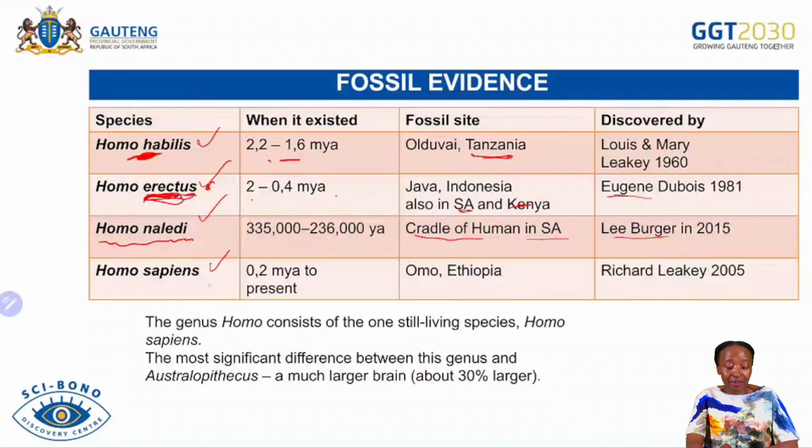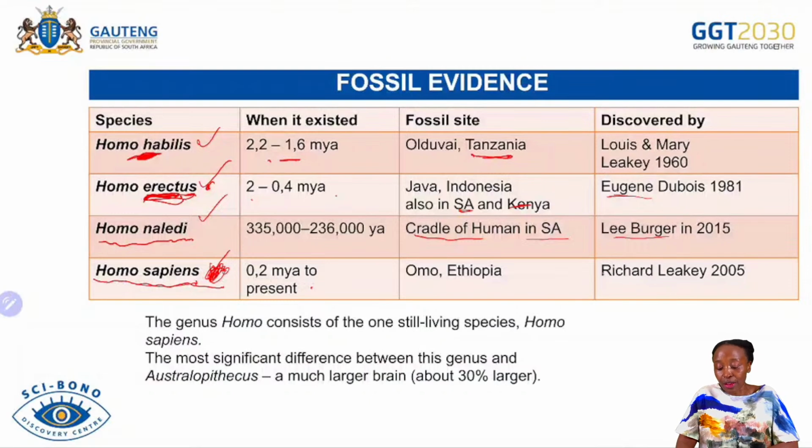And then we have the last one, which is the living one. Out of all the genera that we have spoken about, the one that is still living currently, which is us, is Homo sapiens, and those came into existence 0.2 million years ago up until now, and the first fossils of the earliest Homo sapiens were discovered in Ethiopia.